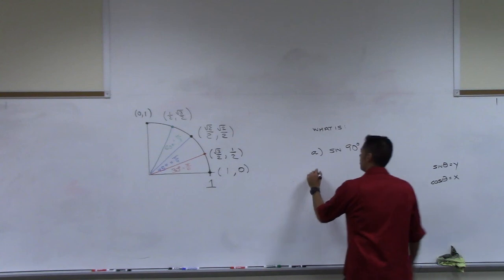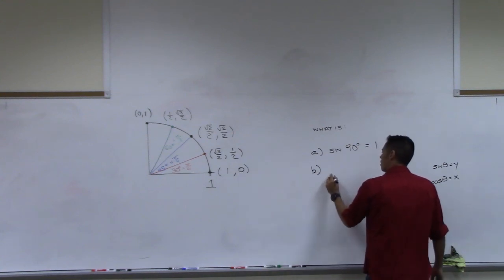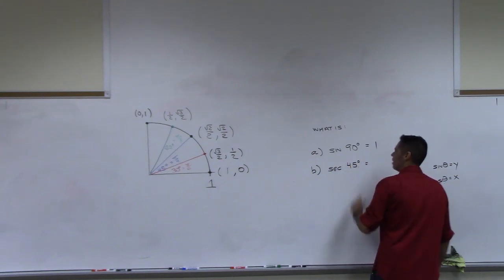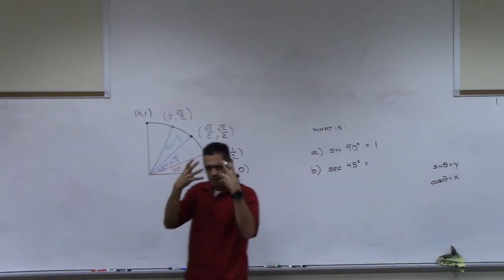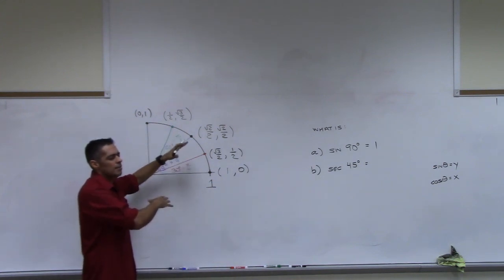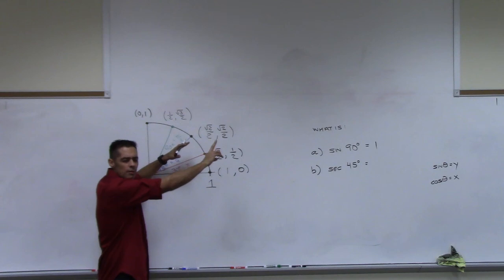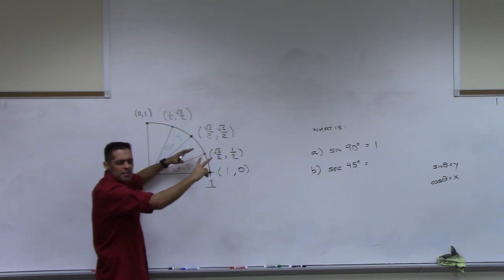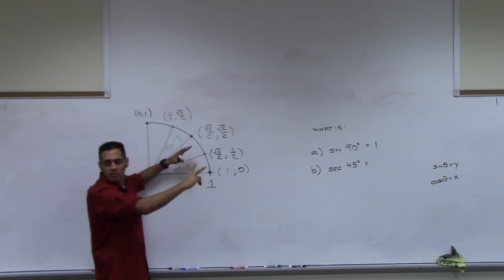All right, so what is secant of 45 degrees? Okay, so 45 degrees, right? Root 2 over 2, root 2 over 2 is what I'm seeing. Secant is the reciprocal of cosine.